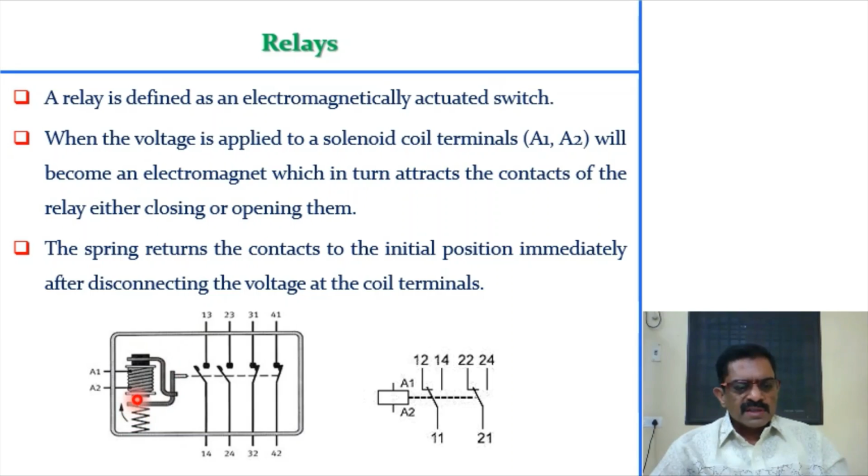So this is the contact of the relay. The spring returns the contact to its initial position immediately after disconnecting the voltage at the coil terminals. So if you disconnect the power here, the spring will retain its original position. That is the use of the spring in a relay. A relay is a type of switch only.